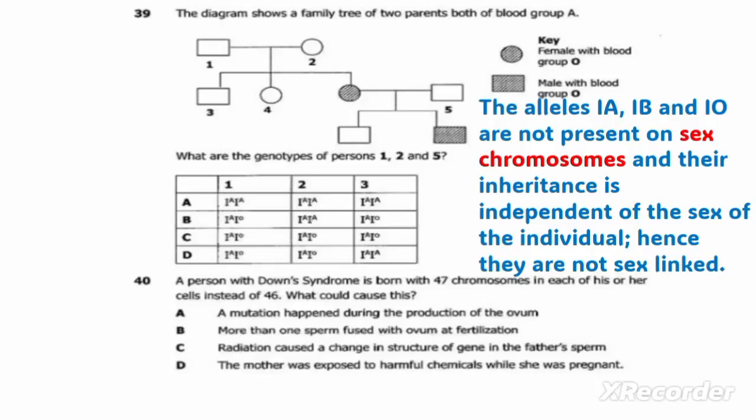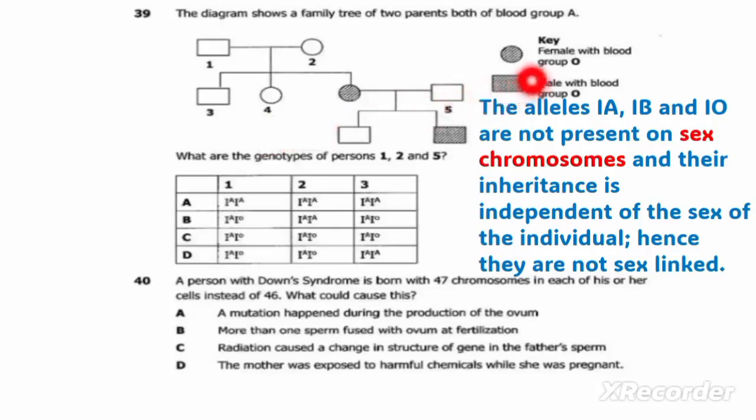So we need to understand that IA and IB are not sex linked traits. Then the question is saying, what are the genotypes of 1, 2, and 5?